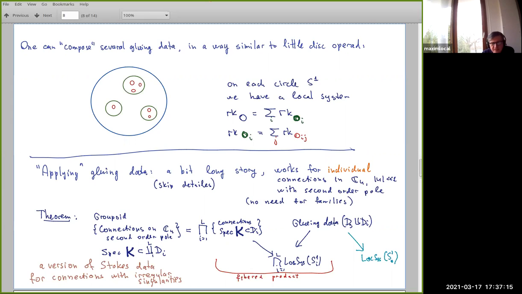Now, this is a version of Stokes data for connections with irregular singularities. The story is roughly the following: when we get the second order pole, it's on a vector bundle which extends to 0. Now we can replace it by a meromorphic bundle, so we allow division by powers of u.